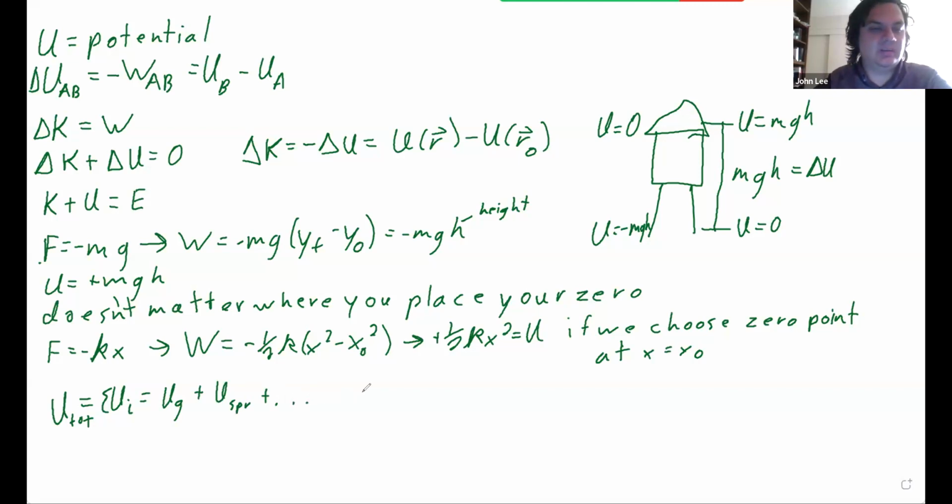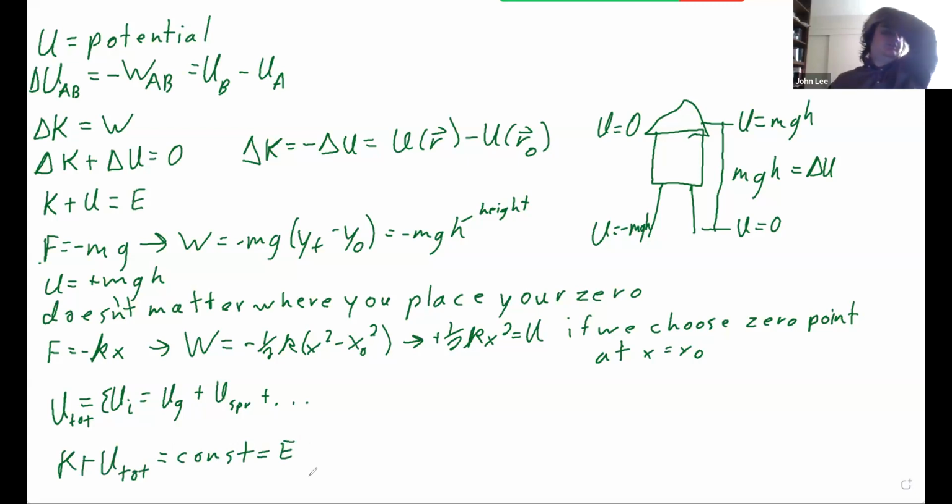So if that's the case, then we just have K plus U total is equal to a constant, which we're going to call the total energy. Okay, so does this make sense so far?